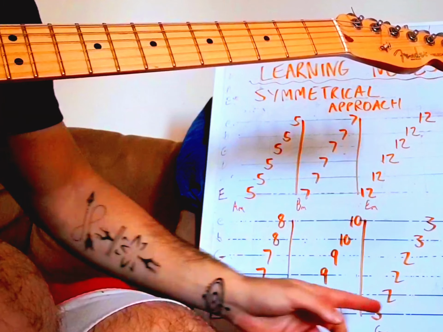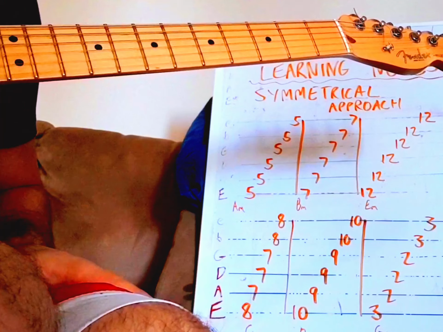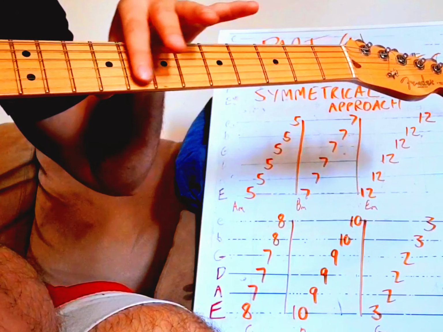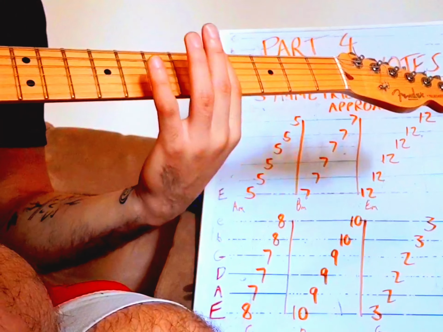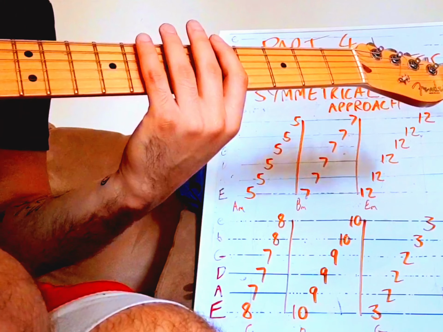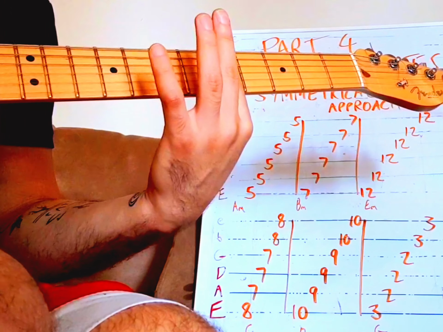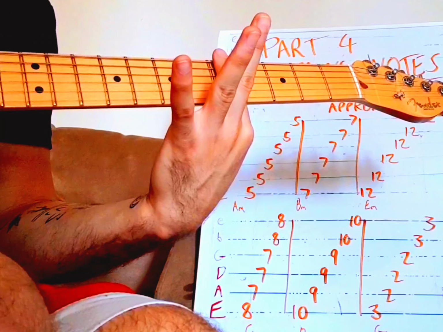Now, the second part of this is trying to find the vertical parts that go with the second part of the pentatonic scale. So if this is your A minor pentatonic scale, we've established that we've got a straight line here.